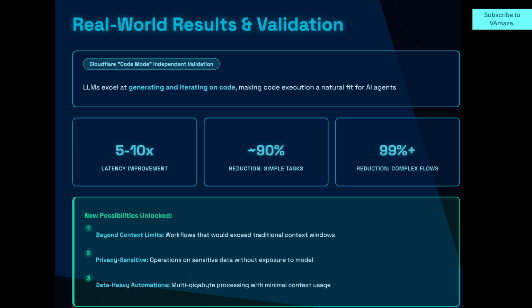Other organizations implementing this approach have reported comparable results. We're talking about 10x, 50x, even 100x improvements in token efficiency for certain workflows. The benefits compound as workflows become more complex. A simple two-step operation might see 90% token reduction, but a 20-step workflow involving large data processing might see 99% reduction. The more your agent needs to orchestrate, the more valuable code execution becomes.